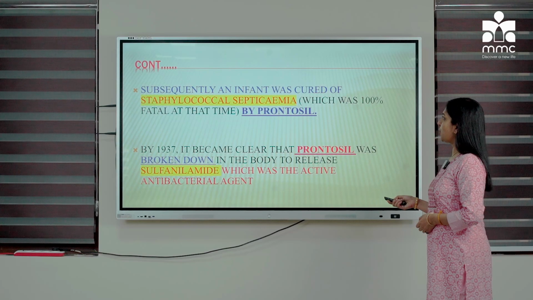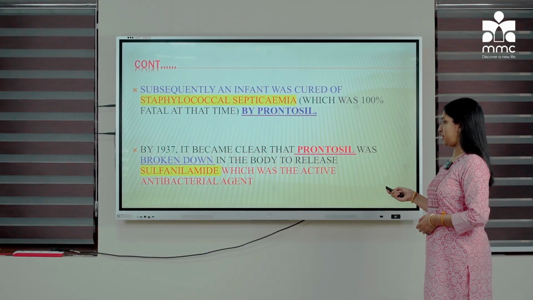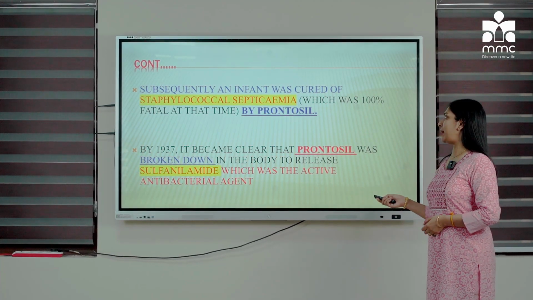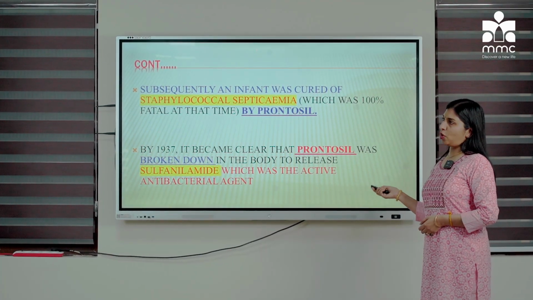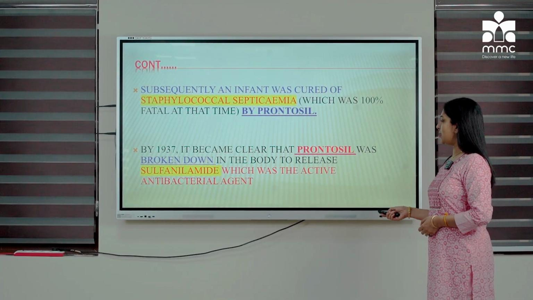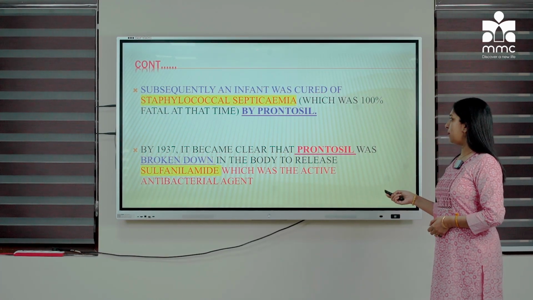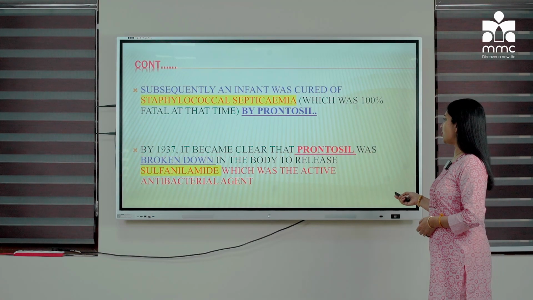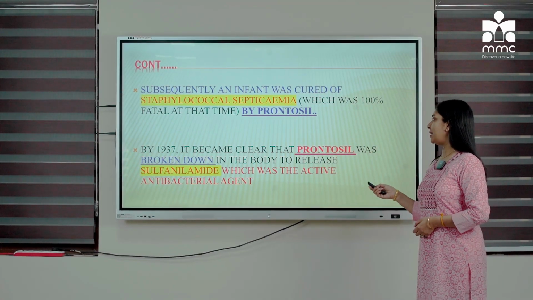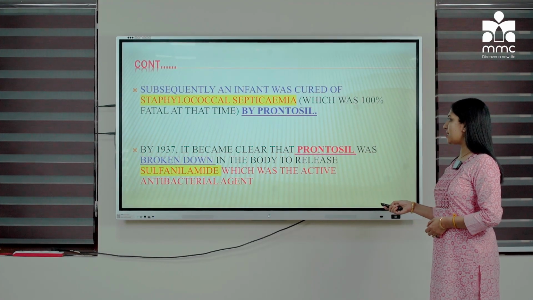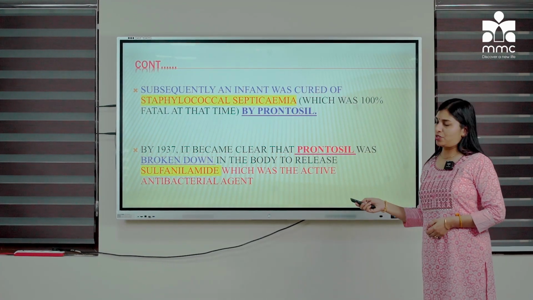Subsequently, an infant was cured of staphylococcal septicemia, which was 100% fatal at that time, by prontosil. Later, by 1937, it became clear that prontosil was broken down in the body to release sulfanilamide, which was the active antibacterial agent.